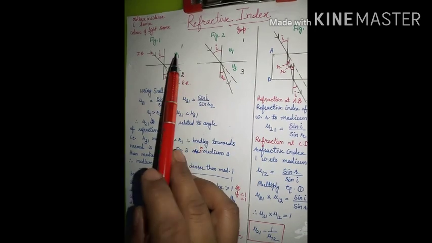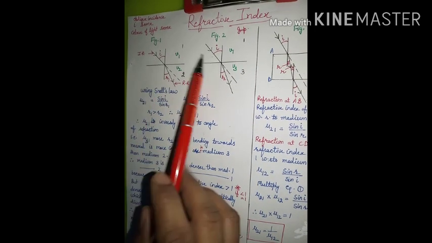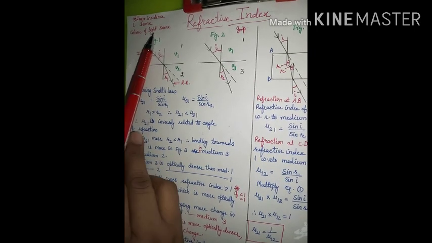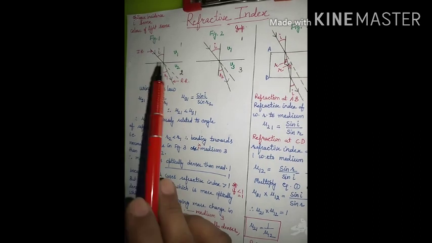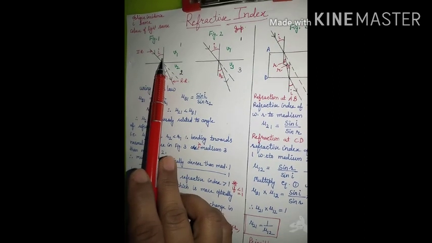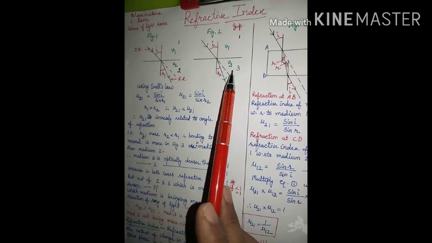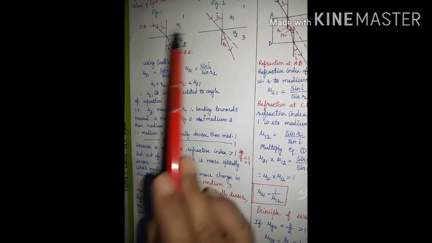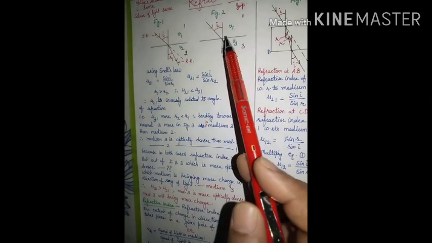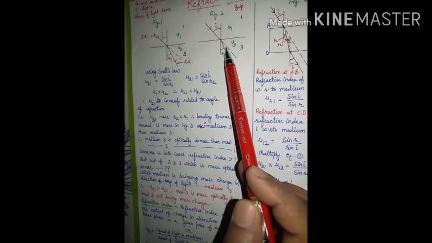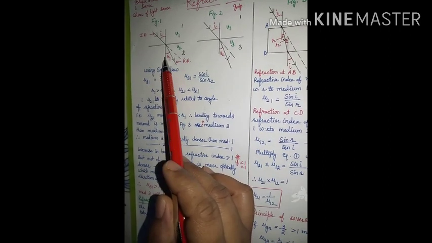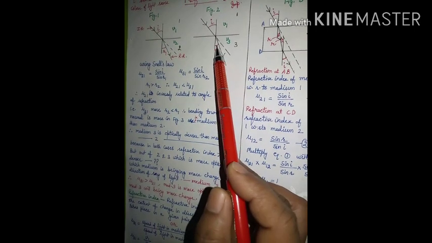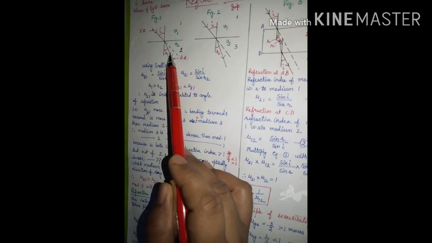In these two cases, the ray of light is falling obliquely, the angle of incidence is the same, and the color of light is also the same. So for the same angle of incidence but different refracting media, the ray of light has a different value of angle of refraction. In this case, the light is bending more towards the normal, and in this case, less. So here the angle of refraction is less, and here the angle of refraction is more.